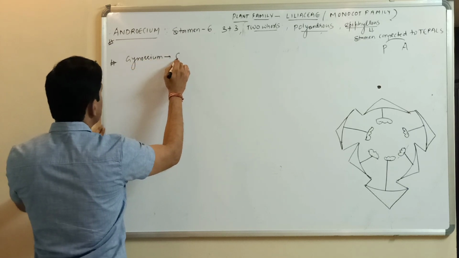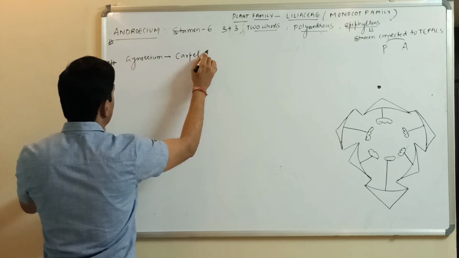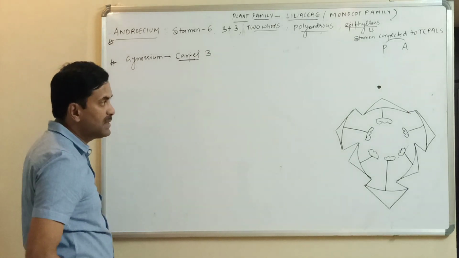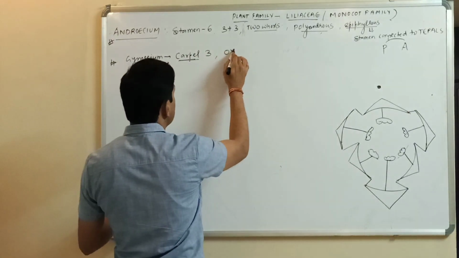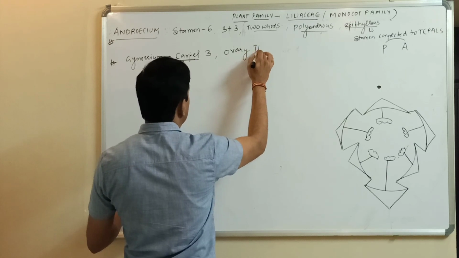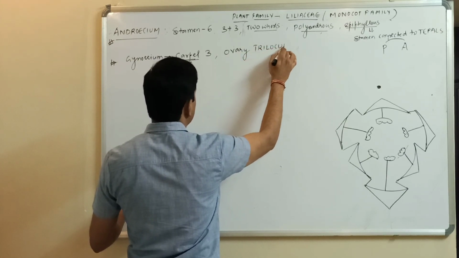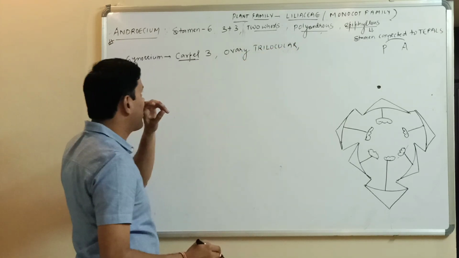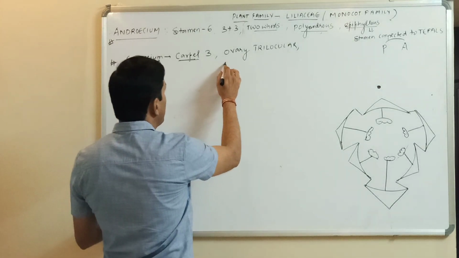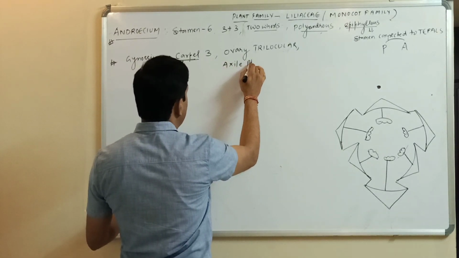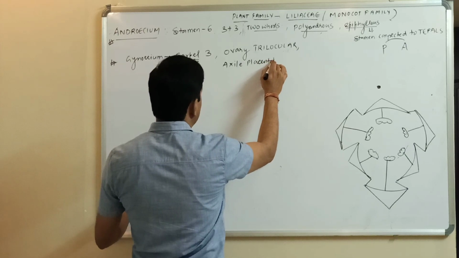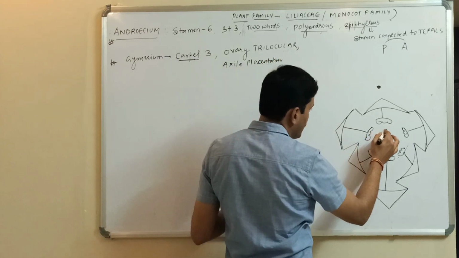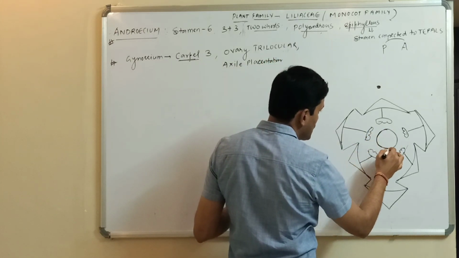The unit of gynoecium is carpel. Now number of carpel is 3. Now ovary is trilocular. Carpels are also 3, and placentation is axile placentation, like this. This is the ovary.